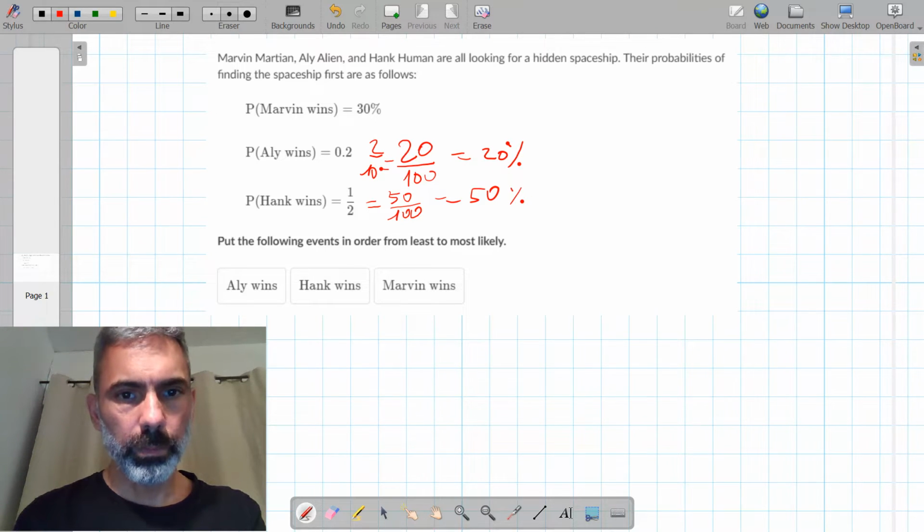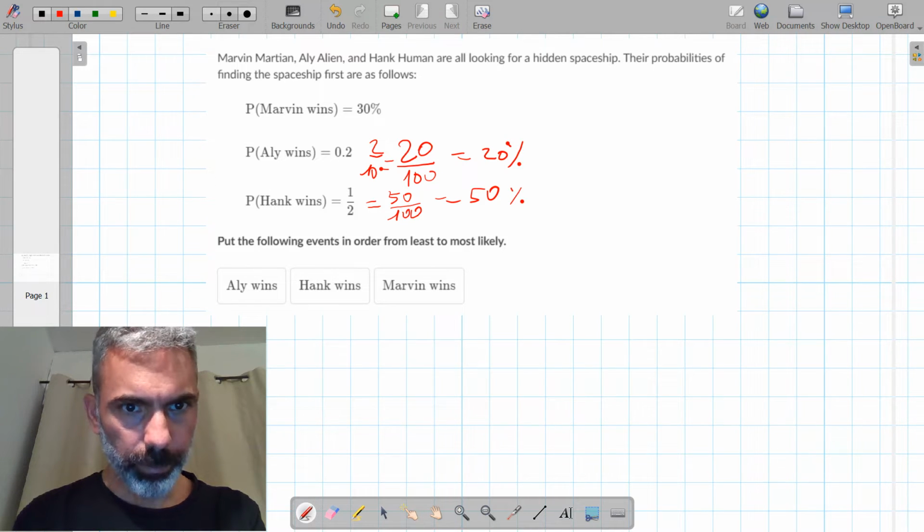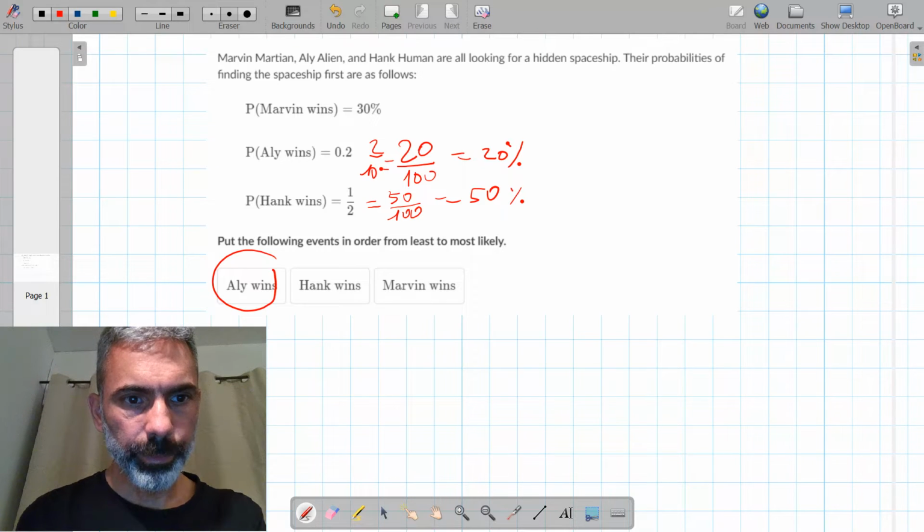So the list, we need to put the following events in order from least to most likely. So least likely is Eli. Okay, this is the list.